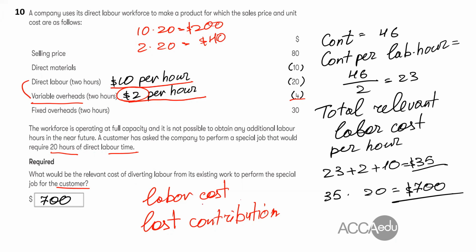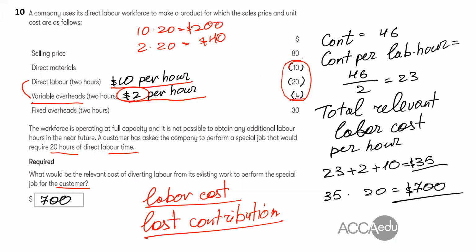We found the labor cost now. Now about lost contribution. How much are we losing? Lost contribution is the current contribution per labor hour. 80 selling price, less direct material, labor, variable overheads. Please be careful not to subtract fixed cost.